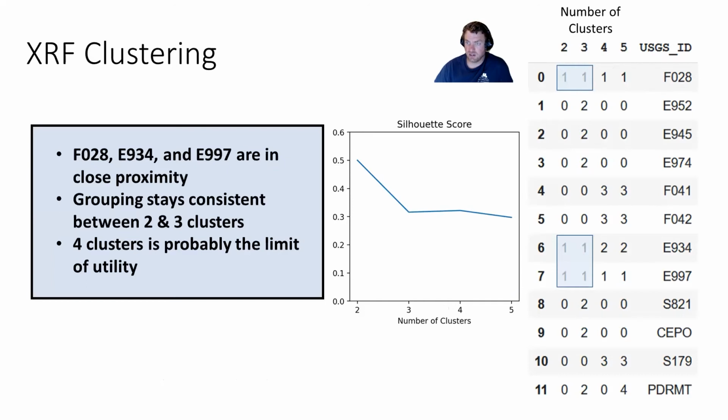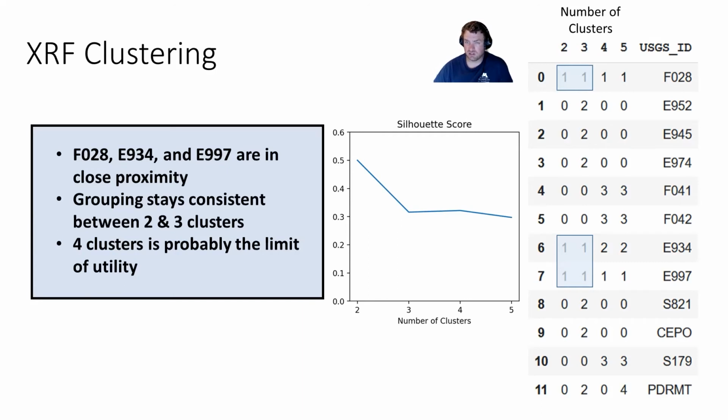we see that F028, E934, and E997 are all kind of clustered together. They're all on the middle eastern edge of the basin. And these groupings stay consistent, whether you have 2 or 3 clusters. Looking at the silhouette score, I probably wouldn't want to do more than 4 clusters.